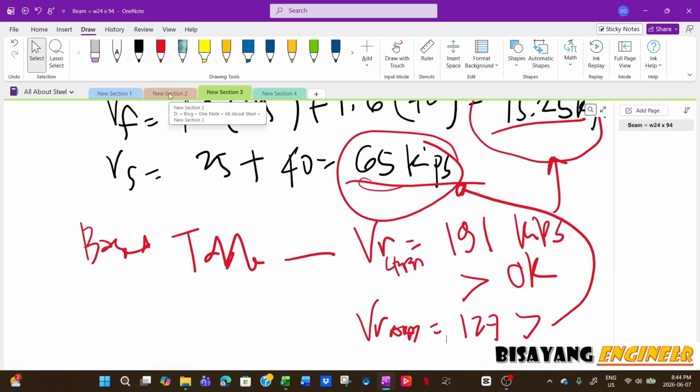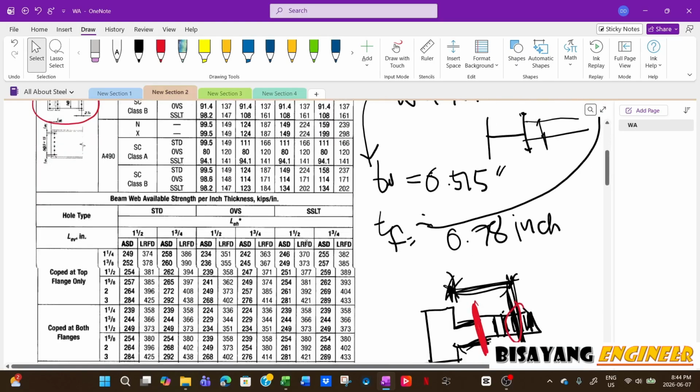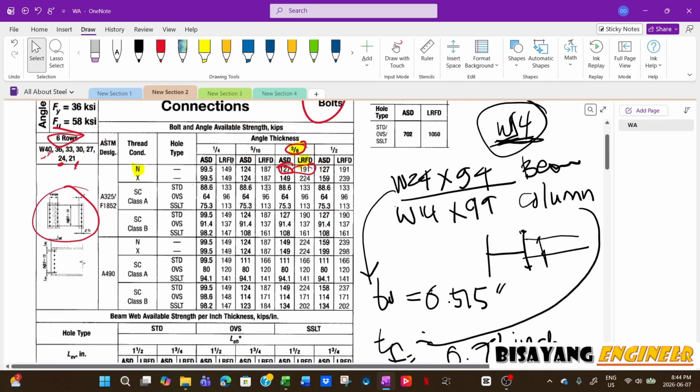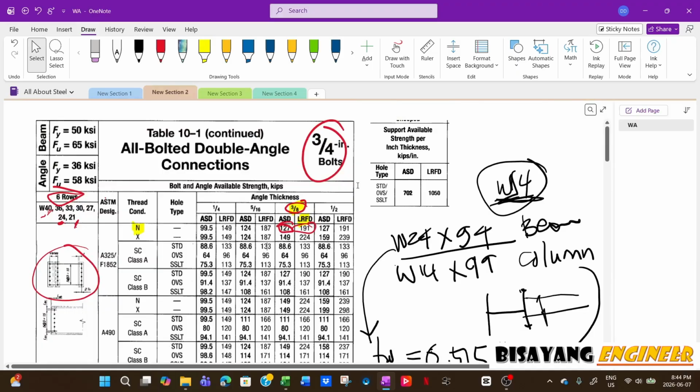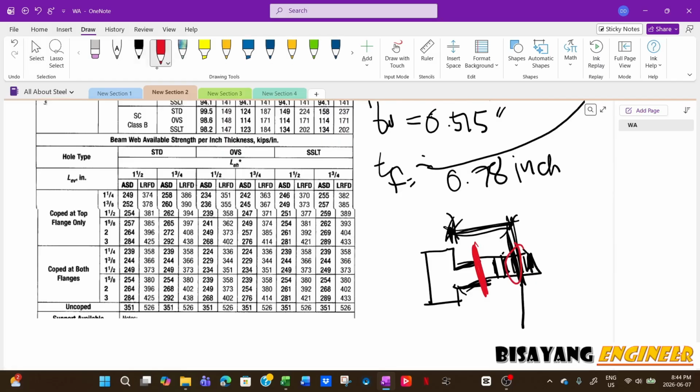Now, there's one more check, or two more actually. So this is already based on the bolt capacity. Now, you will check this one here, the beam web available strength per inch.